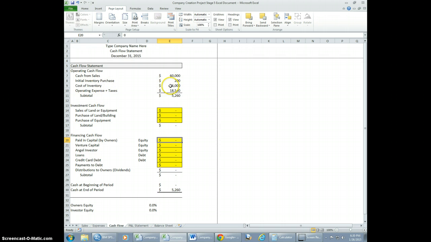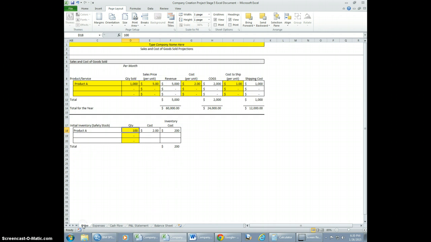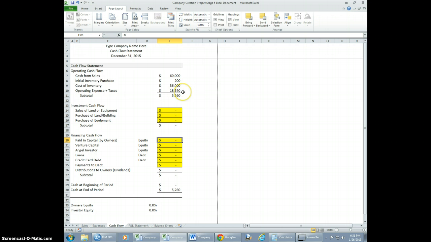Your cost of inventory, that's the cost of the inventory that's connected with the sales number right here. So this is $36,000. So if we go back over here, that's your cost of goods sold of $24,000 plus your shipping cost of $12,000. So 24 plus 12, that's where you get to your $36,000 cost right here.